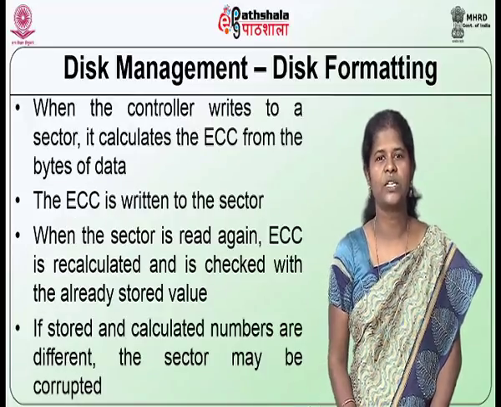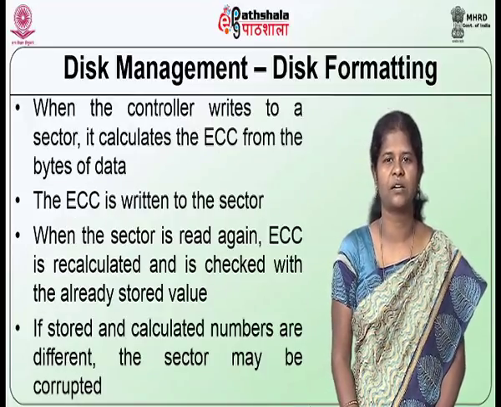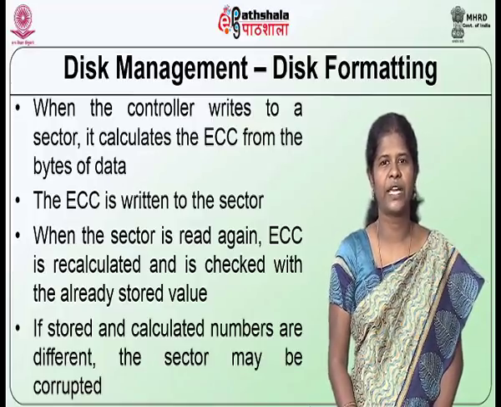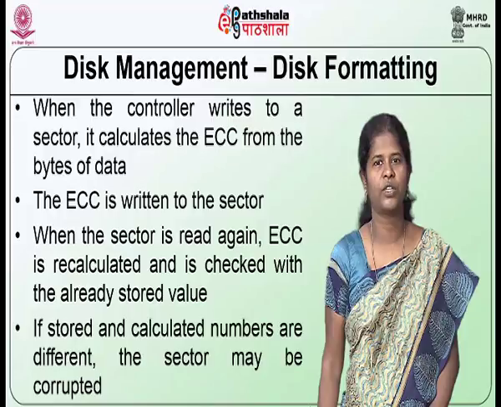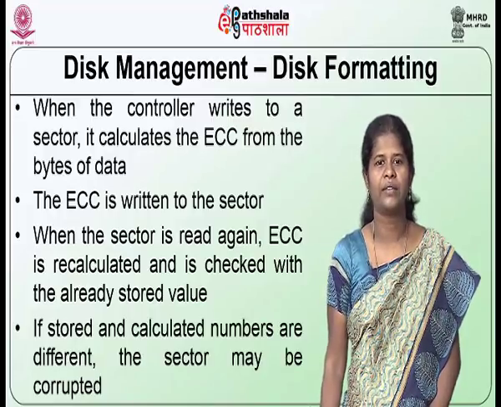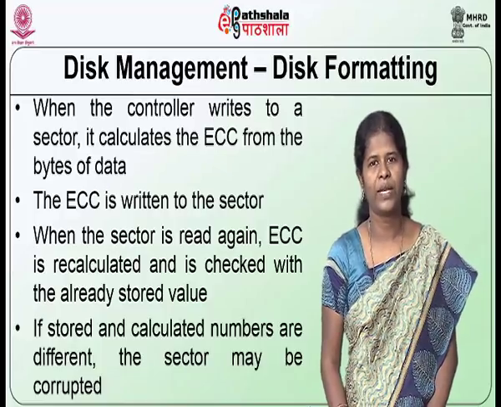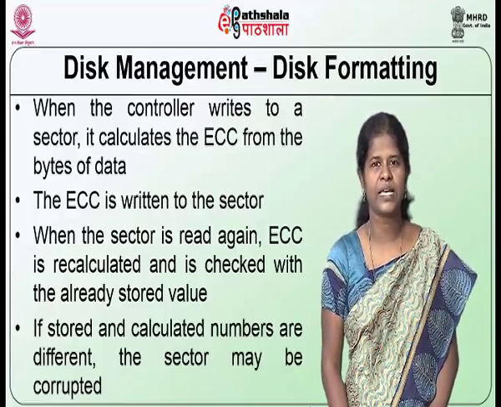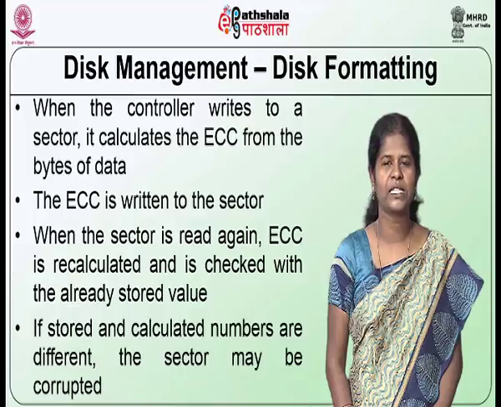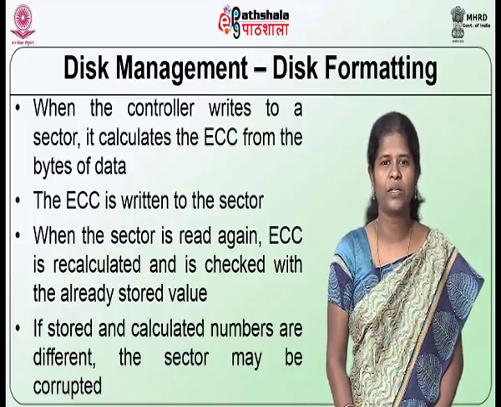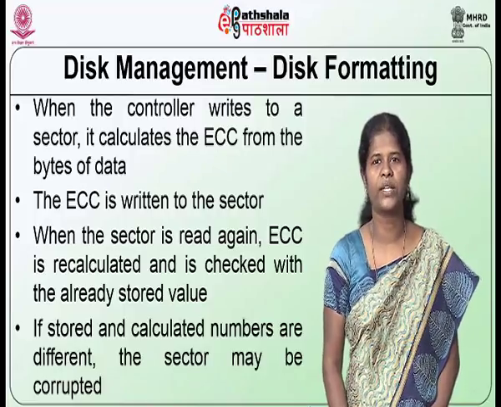Whenever the controller is writing information into a sector, it will calculate this error correcting code from the bytes of data kept in the data region, and the ECC is written into the sector. When it is read again, this ECC is calculated on the data region of that sector, and it is compared with the value that is already stored in the trailer.